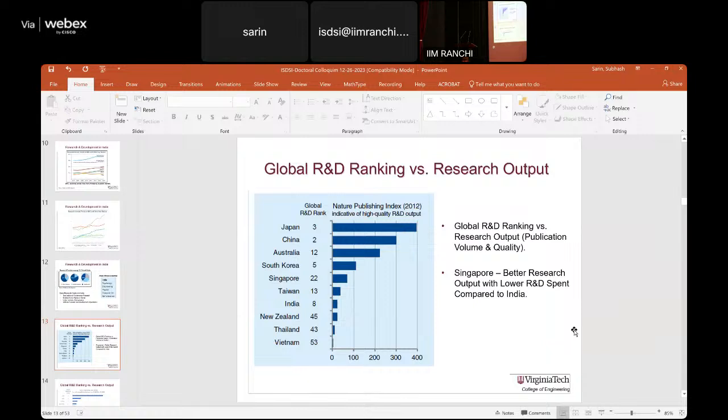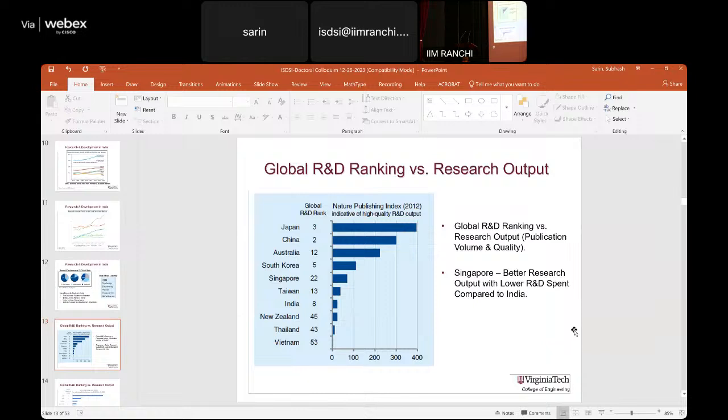Another metric by which we can see the impact of research in society is the number of publications. Japan was number 3 and China number 2 in the global R&D rank, and these are the number of publications per million people in 2012.